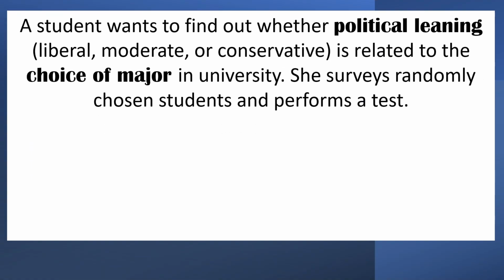Okay, so here's the first scenario. A student wants to find out whether political leaning is related to the choice of major in university. She surveys randomly selected students and performs a test. Just take a moment and think about which of the 3 tests applies in this case.